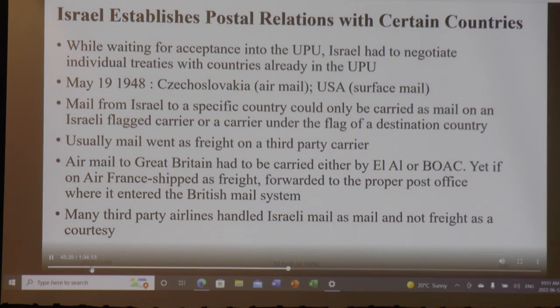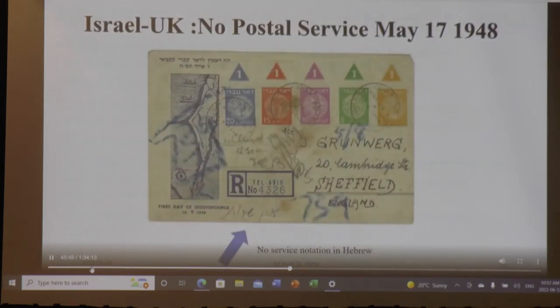So airmail to Great Britain had to be carried by El Al or by British Airways. But if it went on Air France and France hadn't recognized Israel, it had to go as freight mail. Some countries didn't observe this custom and convention and in fact carried the mail more appropriately.